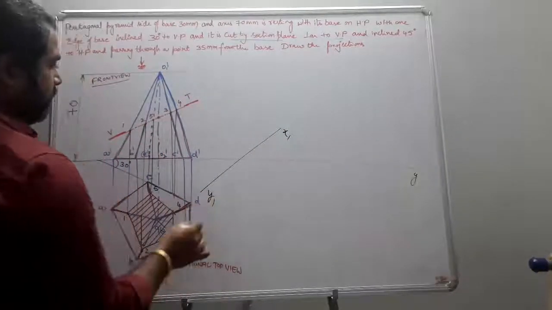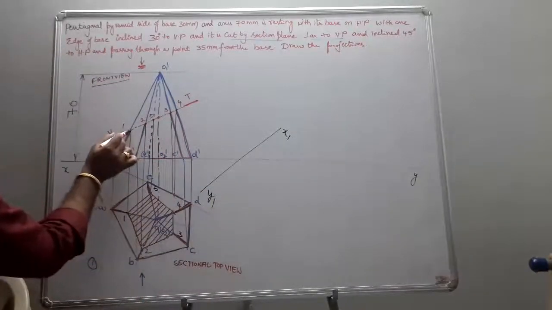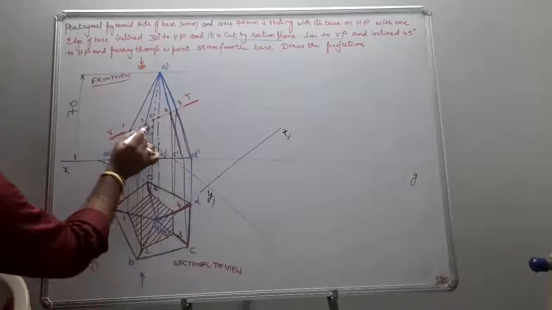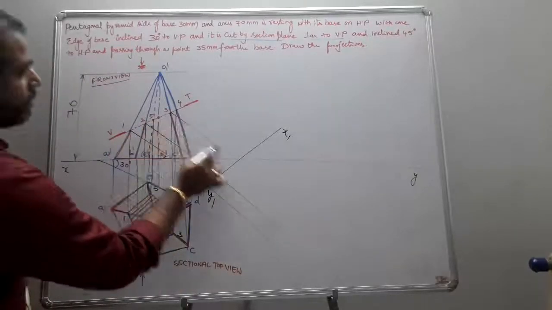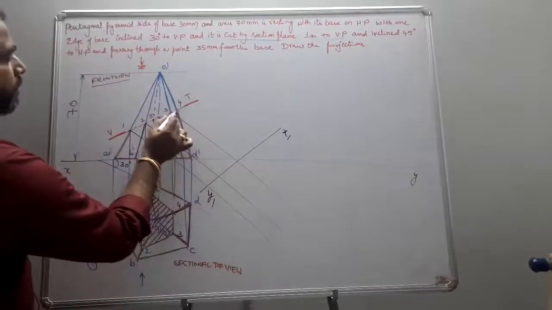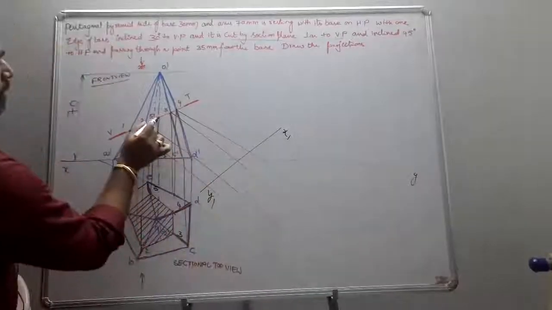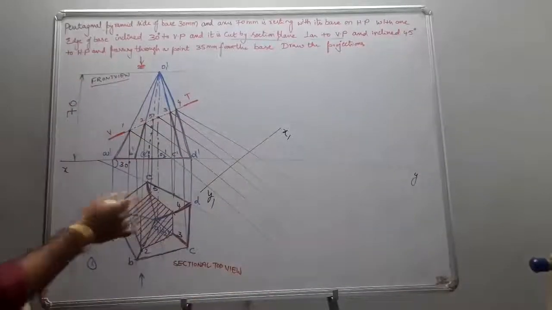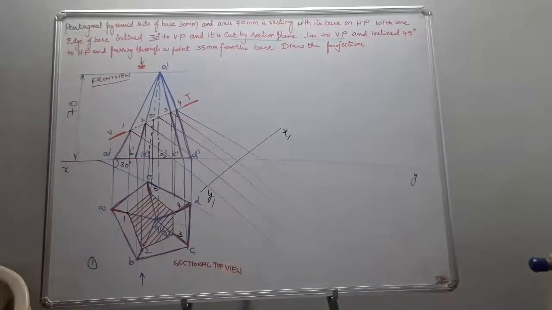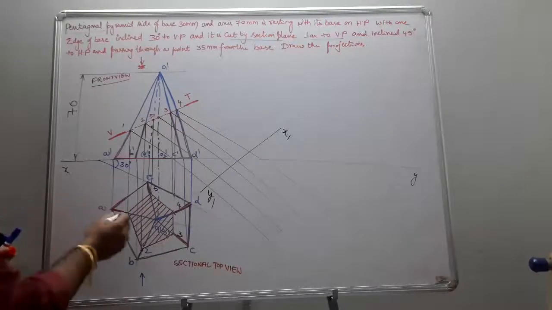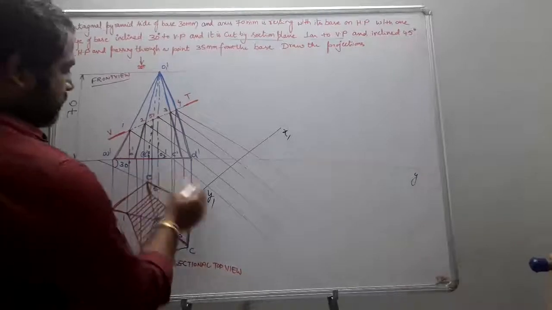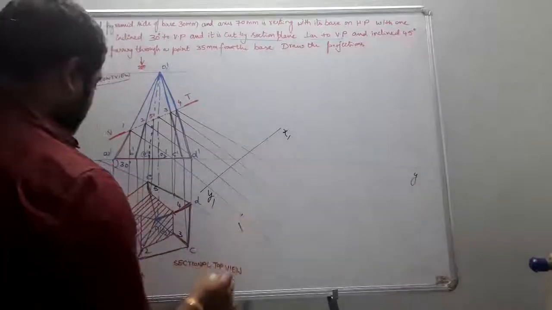X1, Y1. So draw the perpendiculars from all the points and place them from the old reference line. The points are going to become 1. So this becomes 1.